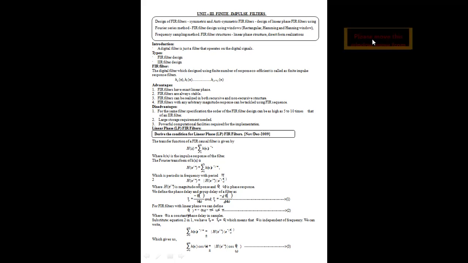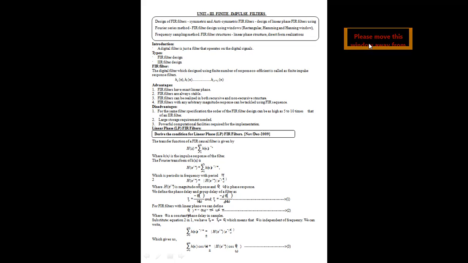Talking about the advantages, it has an exact linear phase, and FIR filters are always stable. They can be realized in both recursive and non-recursive structures. FIR filters with any arbitrary magnitude response can be tackled using FIR sequences.